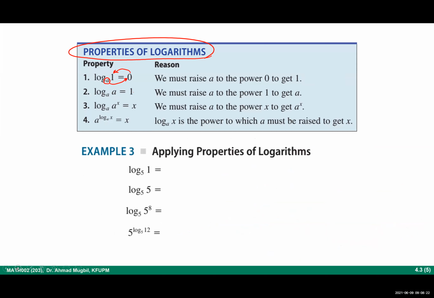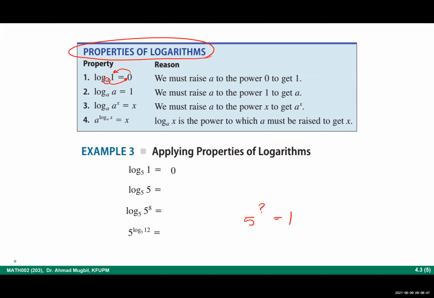Let me ask Hussein Al-Awami. Ya Hussein, what is log 5 of 1? Hussein, are you here? Yes, doctor, I'm here. You need to ask yourself, ya Hussein, 5 to the power what equals 1? 0.